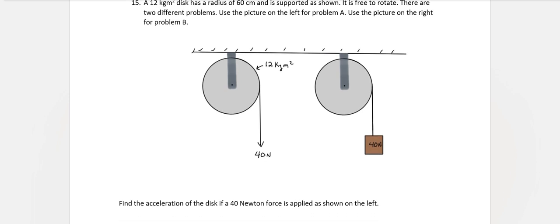It says to find the acceleration of the disk, and that's referring to the angular acceleration of this disk. When this 40 Newton force is applied, this disk is going to start to accelerate this way. It's going to have an angular acceleration with it. So what you want to do is draw a free body diagram. That free body should have 3 force vectors.